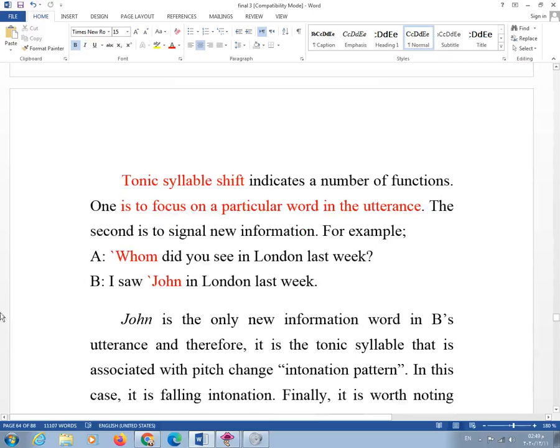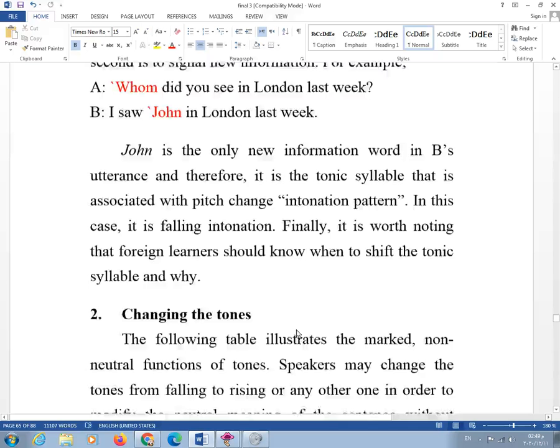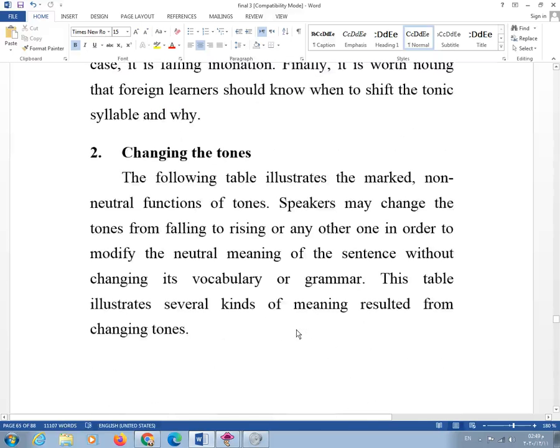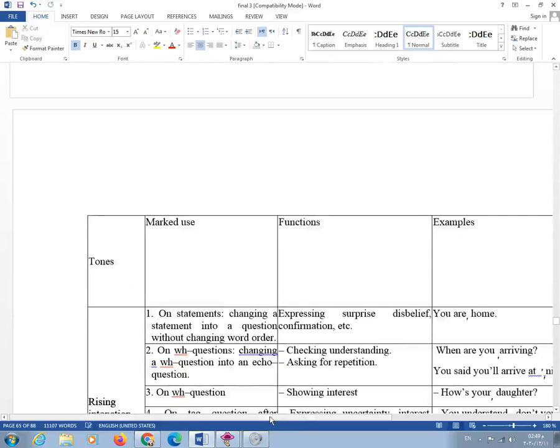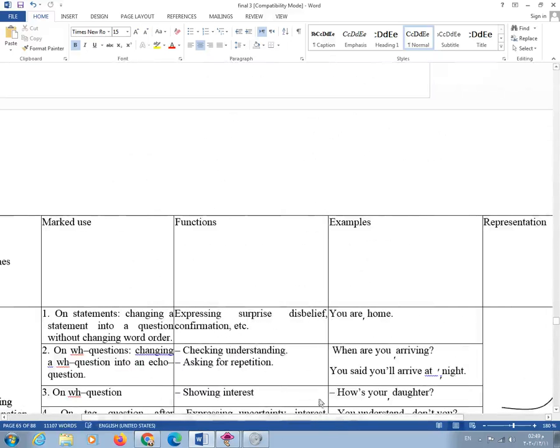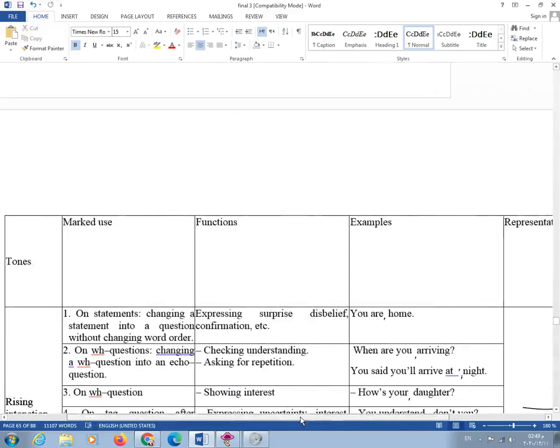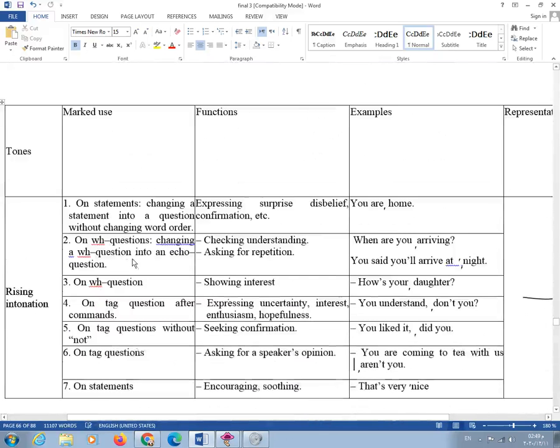Okay, and now let's go to changing the tones. And here we have a very important table I want you to pay attention to. The first tone is the rising tone, rising intonation, and here are some additional functions of rising intonation.